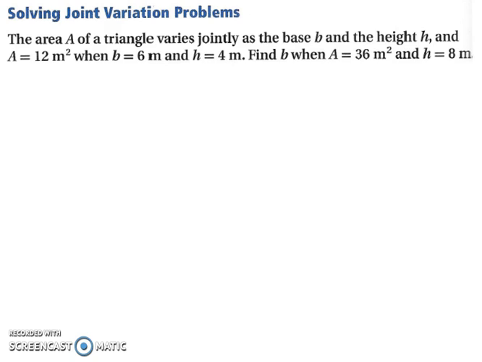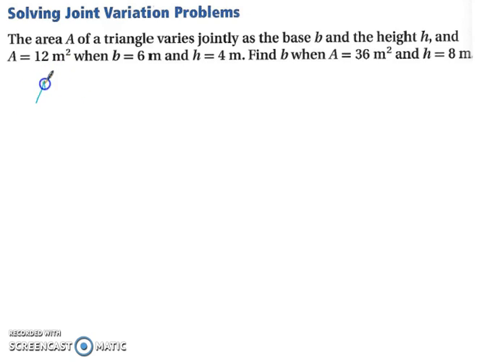The area A of a triangle varies jointly as the base B and the height h. And A, so our area, equals 12 meters squared when our base is 6 meters and our height is 4 meters. We want to find B when our area is 36 meters squared and our height is 8 meters. To do this, we can use our joint variation.